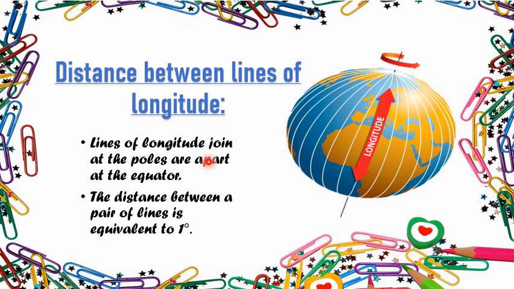Lines of longitude join at the poles and are farthest apart at the equator. The distance between a pair of lines is equivalent to 1 degree. We would indicate it with the unit, which is degree. So the distance between the pair of lines is equivalent to 1 degree.